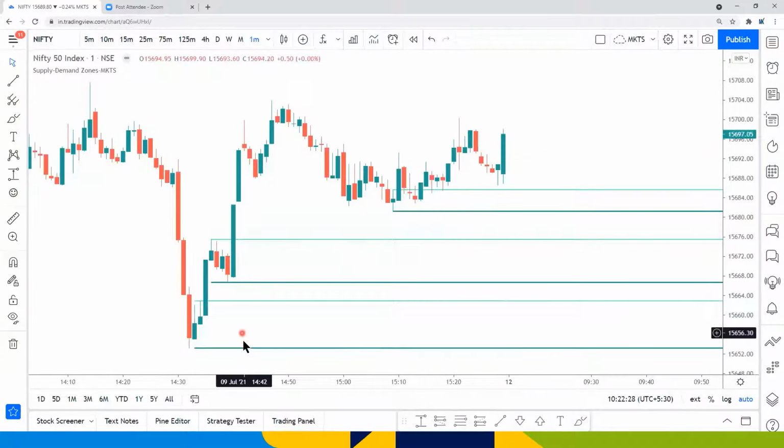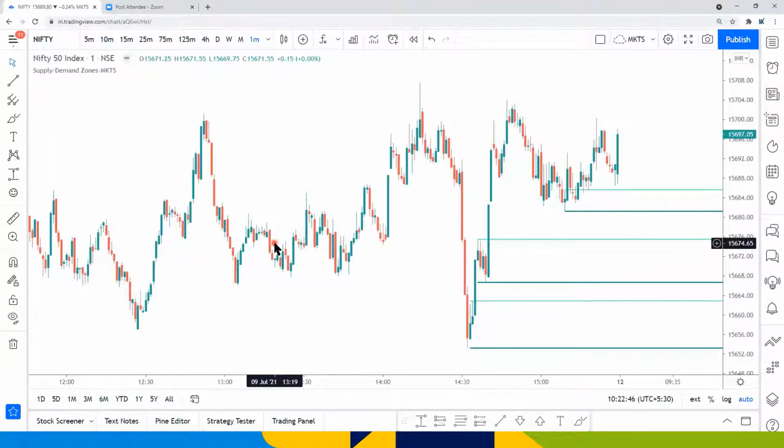It has plotted the zones which fit that criteria. Johnny Anthony says, will it draw supply demand automatically? Yes, that's what it is doing. Can you see? It has plotted the demand zones automatically over here.